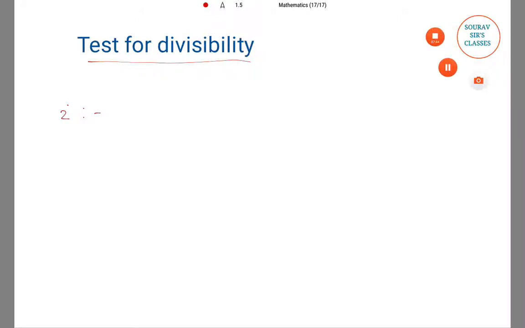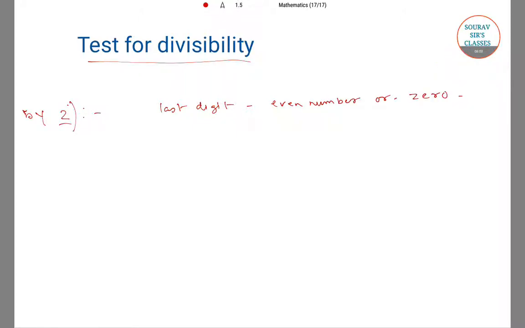Any number is said to be divisible by 2 if its last digit is an even number or 0. That is, if its last digit is 0 or 2 or 4 or 6 or 8.